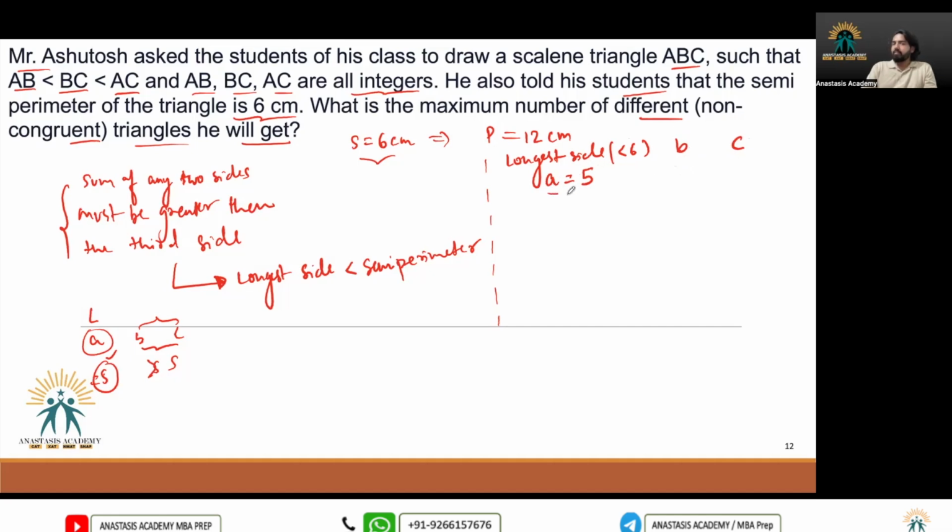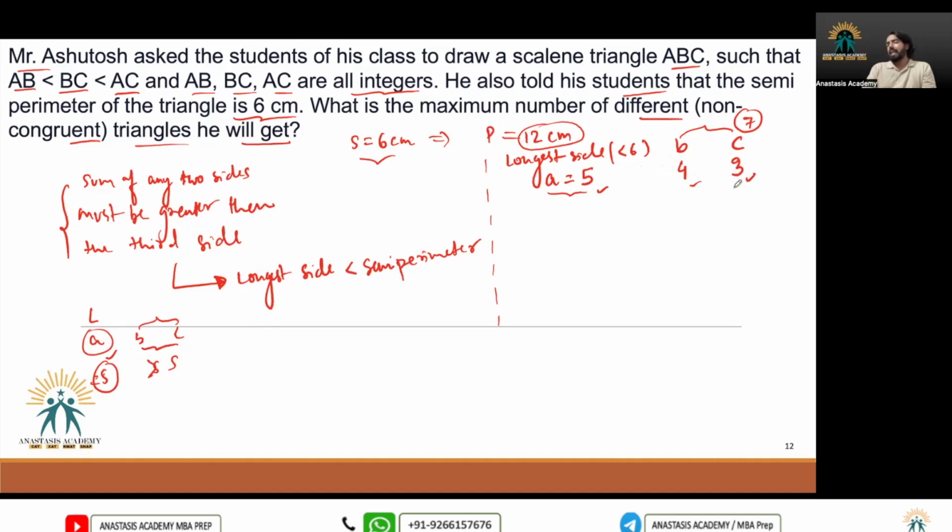Now, if the measure of this side is 5, the sum of the other two sides must be how much? 7, because the perimeter is 12. So I can take the other side just less than this value, which is 4, so C becomes 3. This is a possible scalene triangle, right?